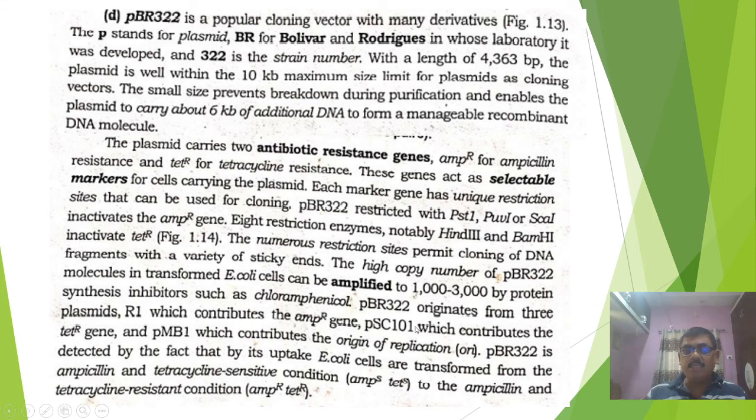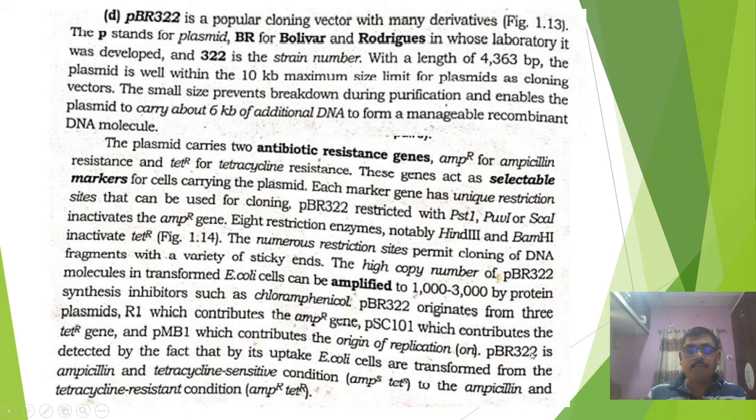Then pSC101 contributes the tetracycline resistance gene, and pMB1 contributes the origin of replication.